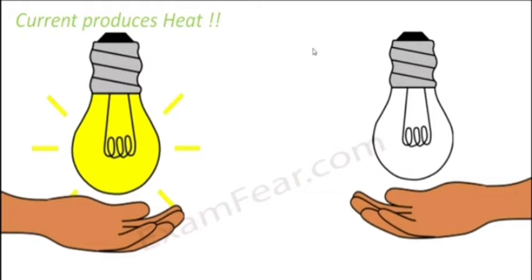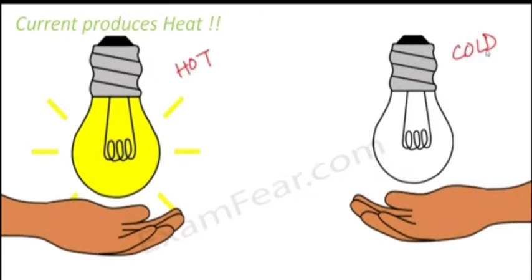Yes, you will observe some changes. The hand which you placed near a glowing bulb, you will feel hot. On the other hand, when the switch is off, when the bulb is not glowing, you will not feel hot. So from here we can say that when an electric current passes through the circuit, it produces some heat.